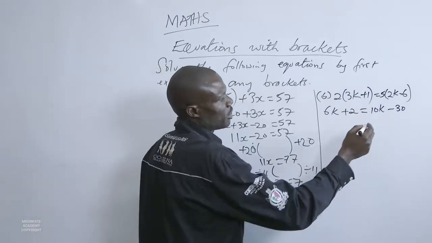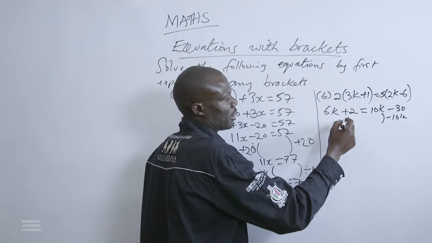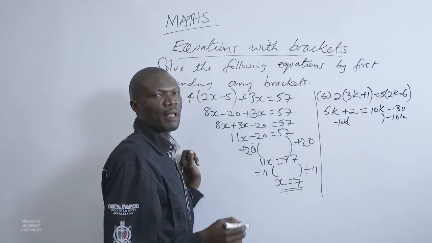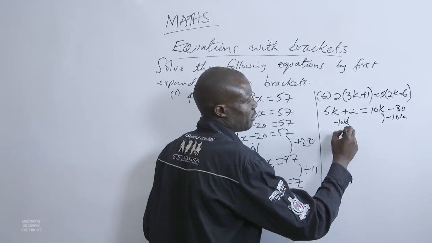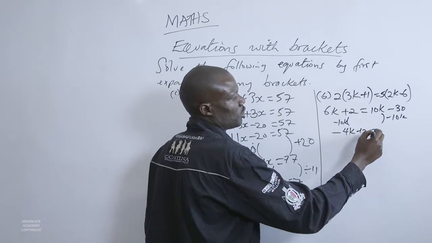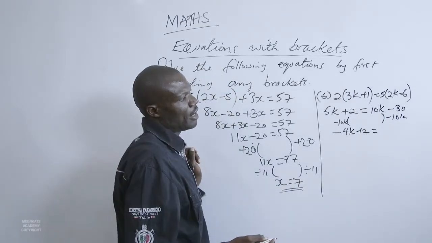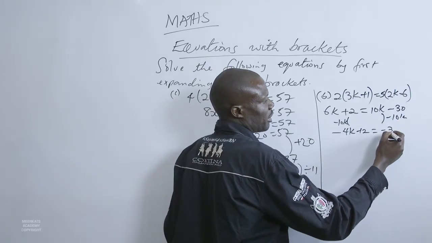So it follows that we subtract 10k on this side, and subtract 10k on this side. 6k minus 10k is minus 4k, then plus 2. On the other side, 10k minus 10k is 0, so we remain with minus 30.